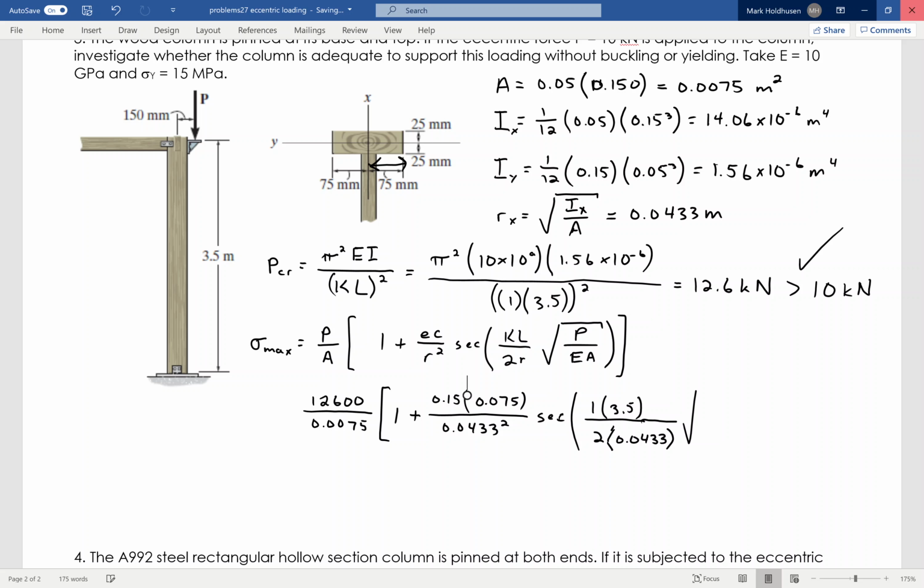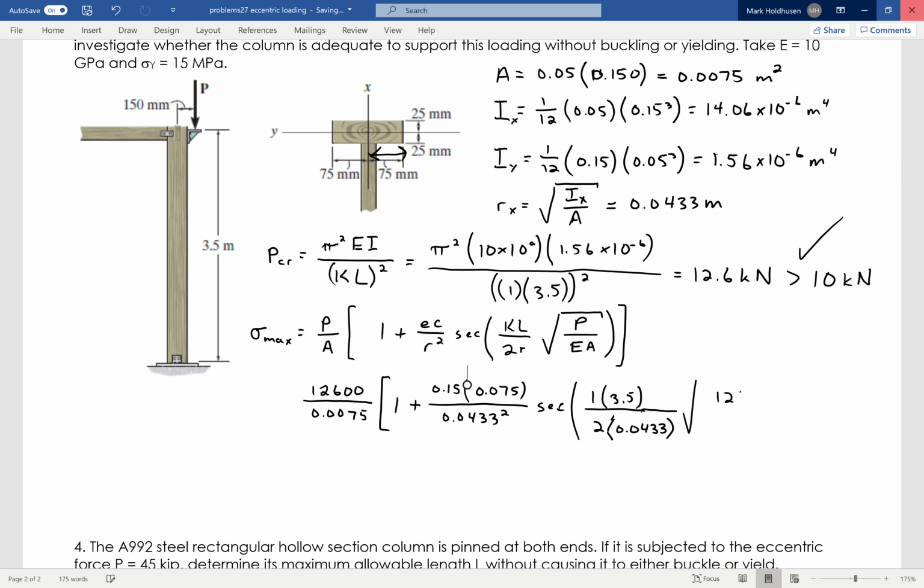times the square root of, again, P, which is going to be 12,600, divided by 10 times 10 to the 9th. That's E. Again, that was given in the problem statement. And then area we calculated to be 0.0075.